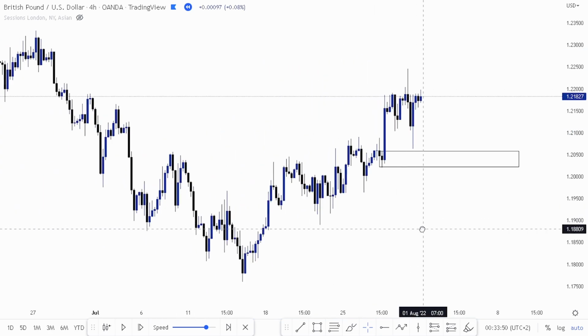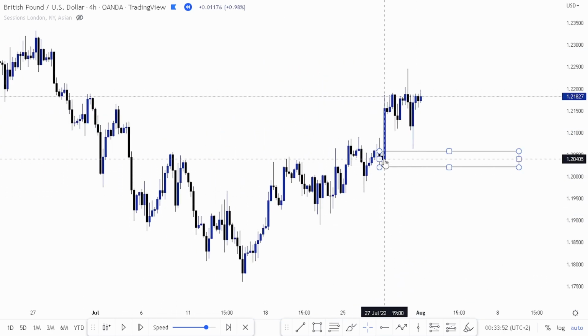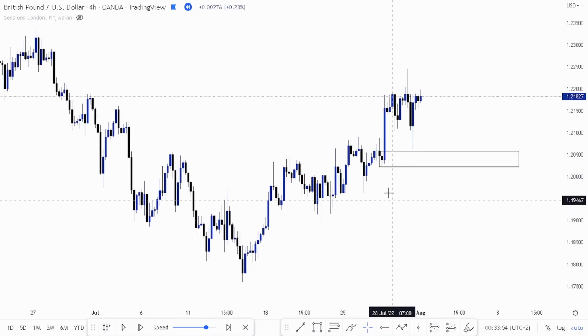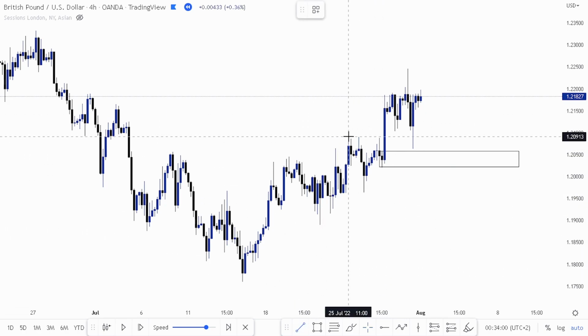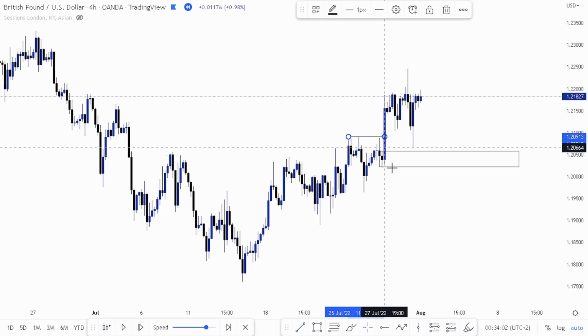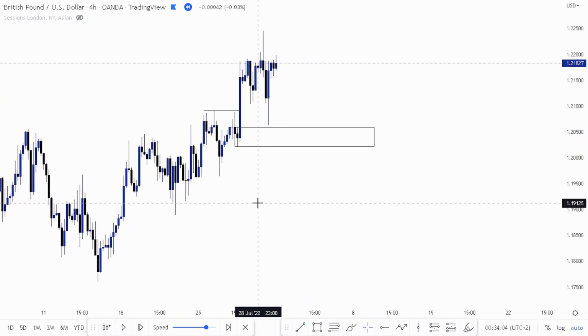Here's a nice example right over here. As you can see, price immediately after the banks got involved broke this previous high right over here. As you can see, we had a break of structure. So yeah, number one is we want a break of structure.